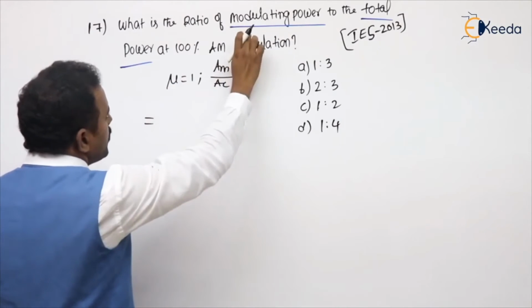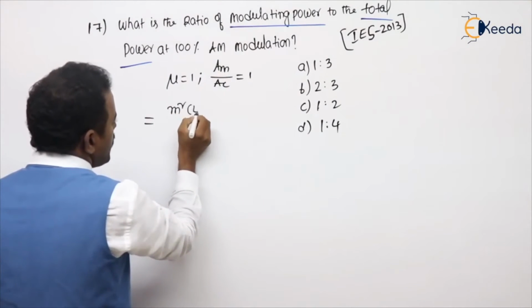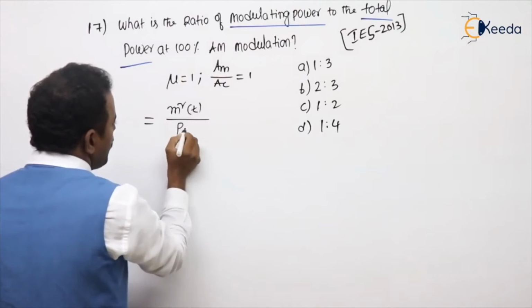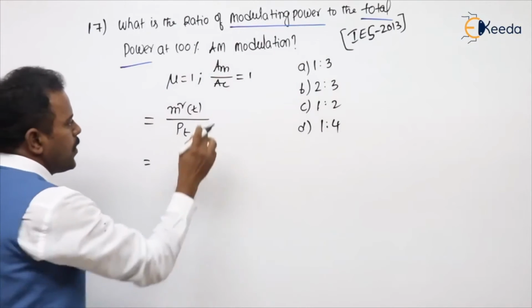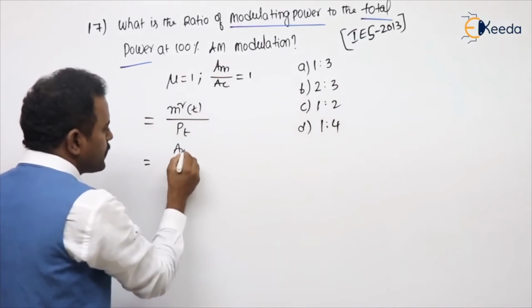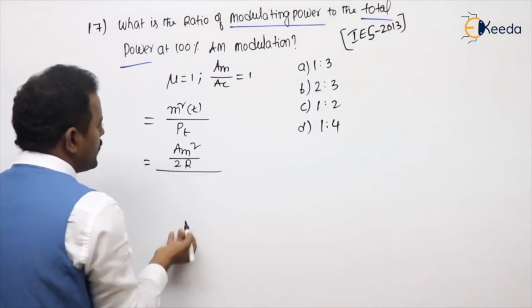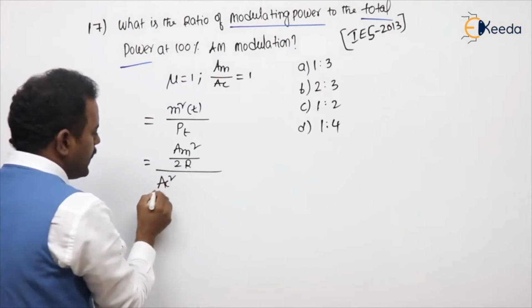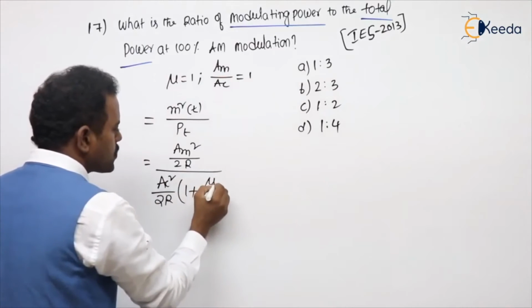What are they asking? Modulating power means message power, that is m squared of t by total power PT. If I take the message as sinusoidal, what is the m squared? Am squared by 2R divided by the total power, Ac squared by 2R into 1 plus mu squared by 2.